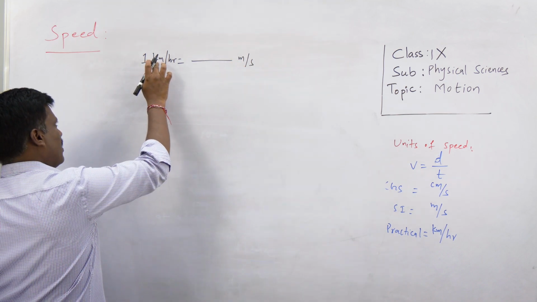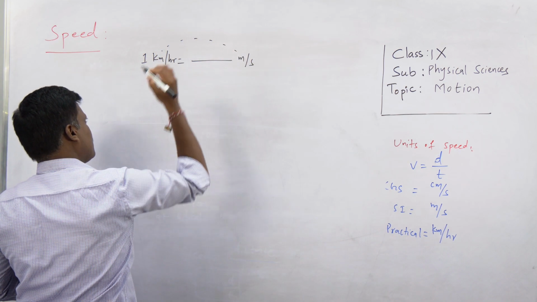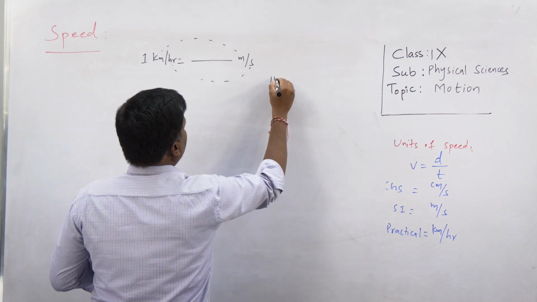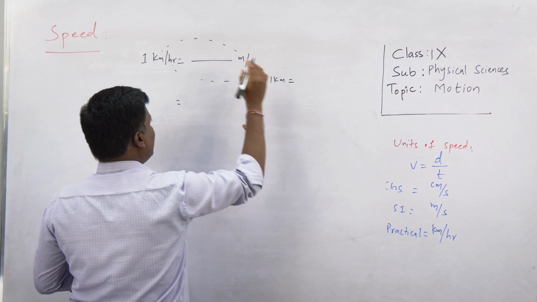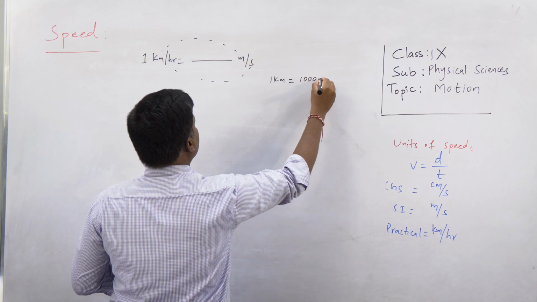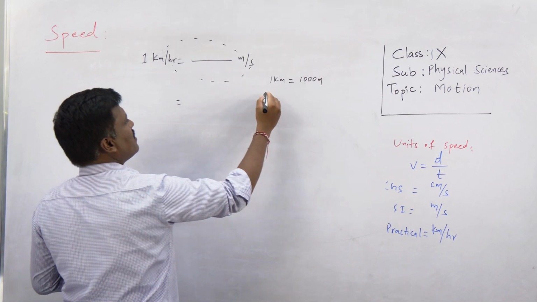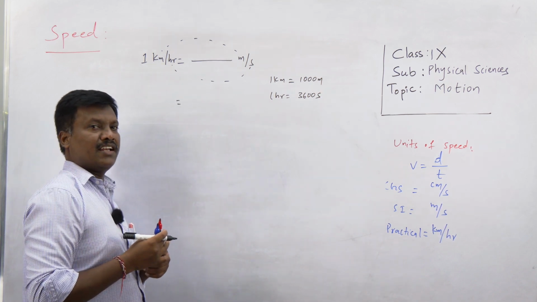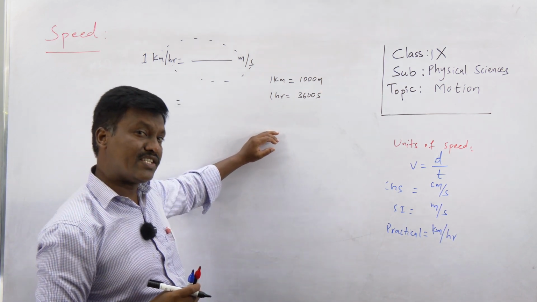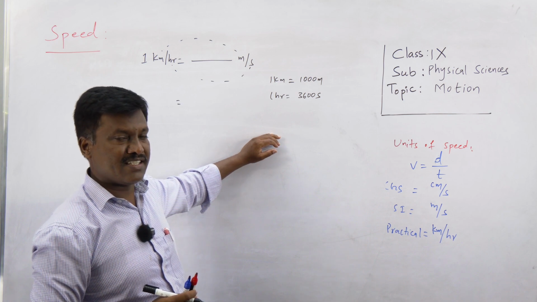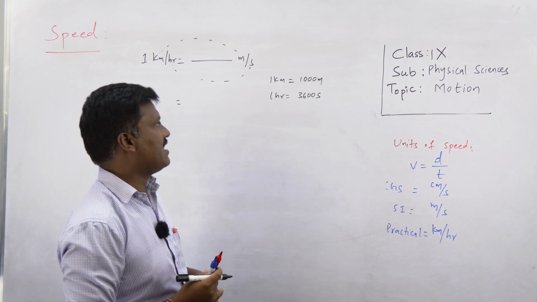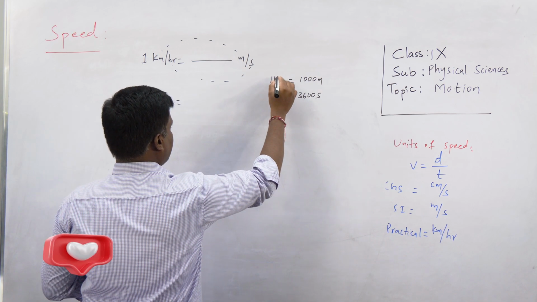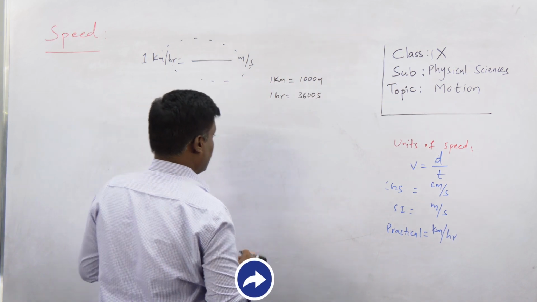We have to convert kilometers into meters, and hours into seconds. 1 kilometer is equal to 1000 meters. 1 hour is equal to how many seconds? 1 minute is equal to 60 seconds, and 1 hour is equal to 60 minutes. Each minute has 60 seconds, so 60 into 60 is 3600 seconds. 1 hour is equal to 3600 seconds.